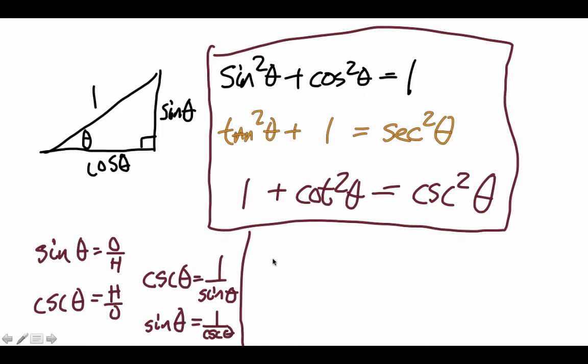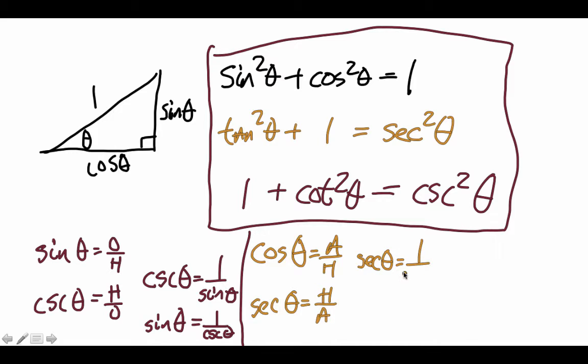So we've got that the cosine of theta is equal to the adjacent over the hypotenuse. That the secant of theta is equal to the hypotenuse over the adjacent. That the secant of theta is equal to 1 over the cosine of theta, and that the cosine of theta is equal to 1 over the secant of theta.